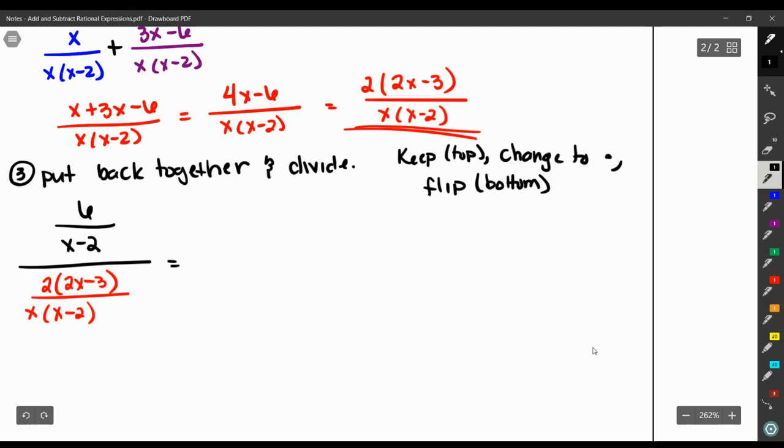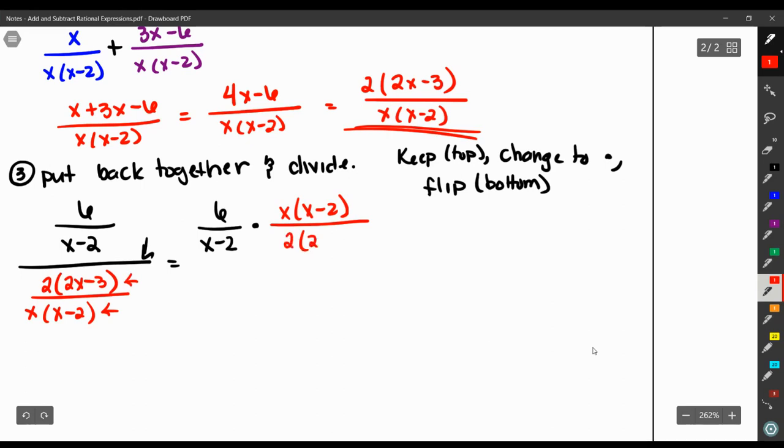So we're going to keep 6 over x minus 2 times, change that big division sign into a little multiplication sign, and then we flip the denominator. So in this case, this x times x minus 2 will now be in the numerator, and this is now in the denominator, 2 times 2x minus 3.